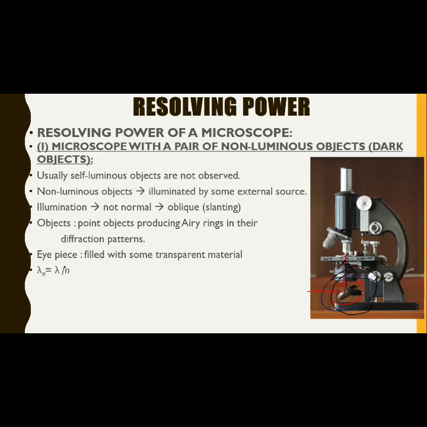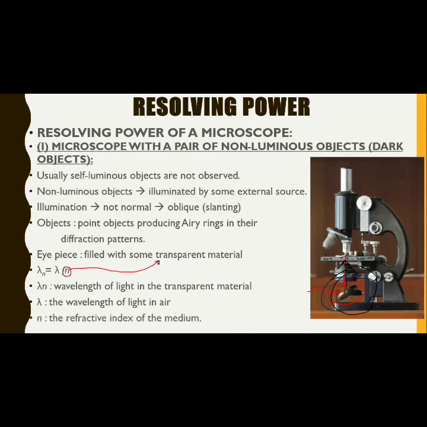Where once again, what is this n? n is the refractive index of this transparent material. So, lambda n is the wavelength of light in that particular transparent material. What is lambda? It's the wavelength in air, normal, which we normally use when there is no other medium present, and n obviously the refractive index of that medium.